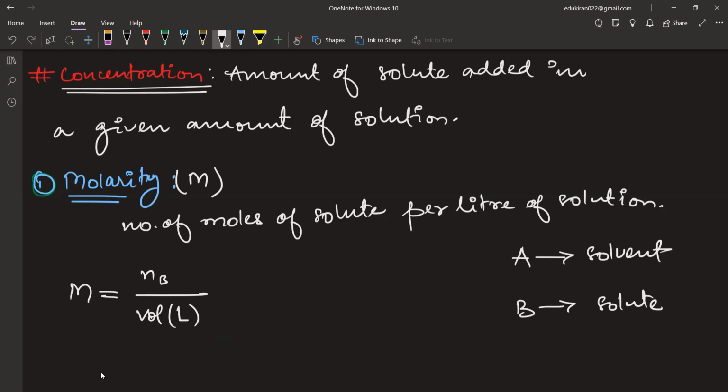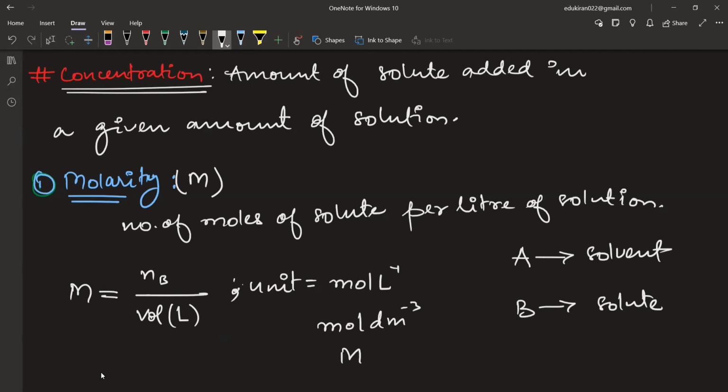Now, since volume does not have any subscript, that means it is solution. If I look at the units here, it will be equal to moles per liter, or you can also write moles per dm cube, or capital M. That means 1 molar.